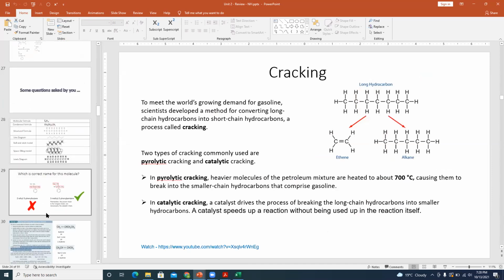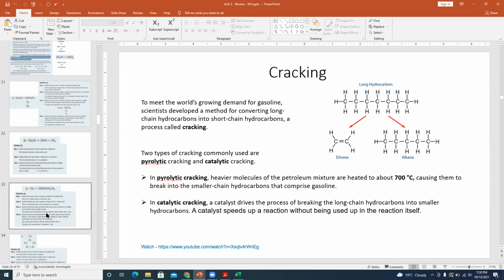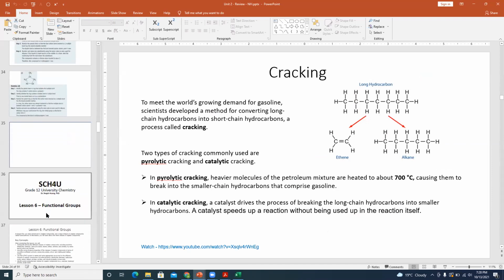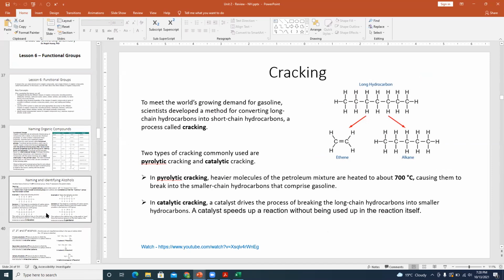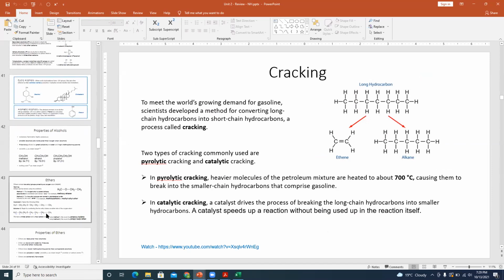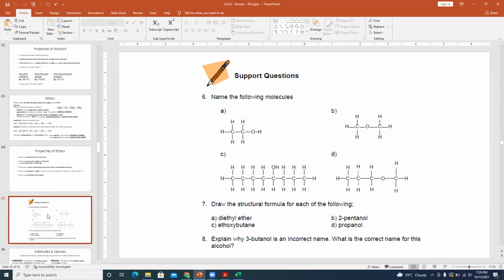So we have covered quite a lot of ground, and I really hope that you guys have been following through with trying these support questions. I can't stress enough just how useful it is to try these support questions. And if you have questions and if you don't understand, bring them up with me.